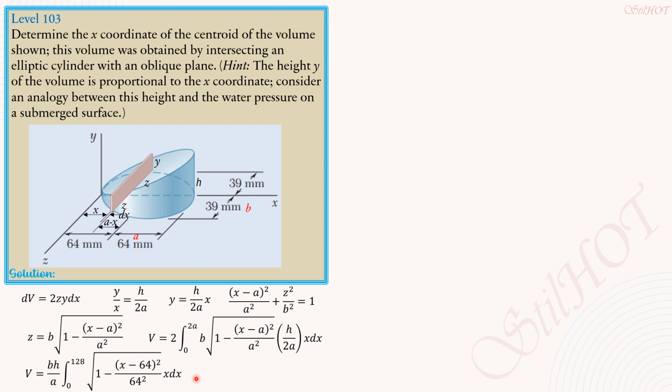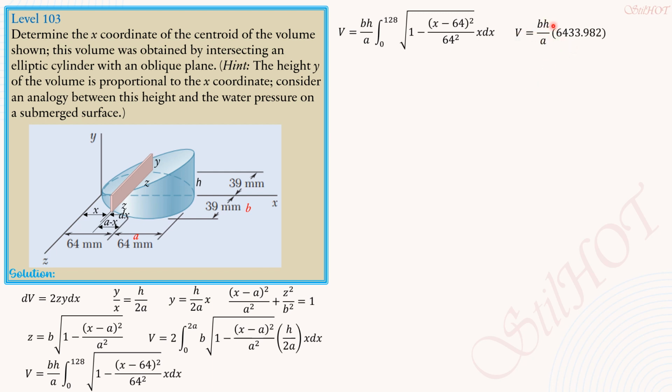So using the high-tech calculator, let's evaluate this part here. Your calculator is allowed. So volume is bh over a, integral 0 to 128 of square root of 1 minus quantity (x minus 64) squared over 64 squared times x dx, and it is equal to 6433.982.